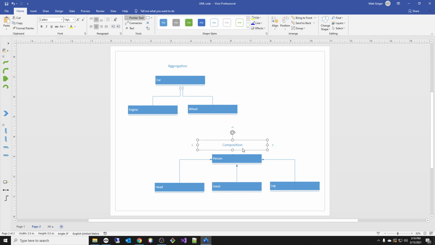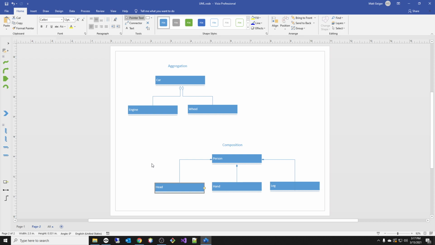composition. We probably talked about composition if we talked about anything, and that's the idea that a class can actually hold other classes. So if we have a class called person, a person could have some legs, right? And some hands and some heads.